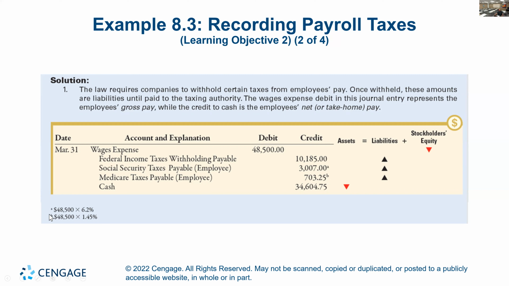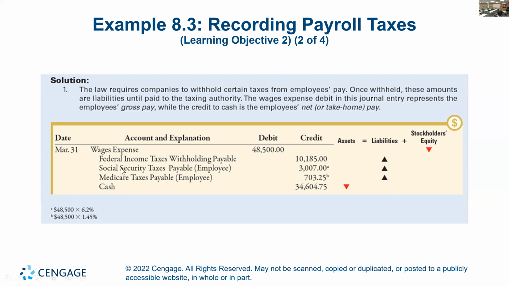As you can see down here in the bottom left, these are the going rates right now. The Social Security rate is 6.2% for employee and for employer. So whatever the employee makes, 6.2% of that is getting paid by two parties into Social Security, whereas Medicare, 1.45%, is getting paid in by both parties, which works out to 12.4% and 2.9% of your income total going into Social Security and Medicare.